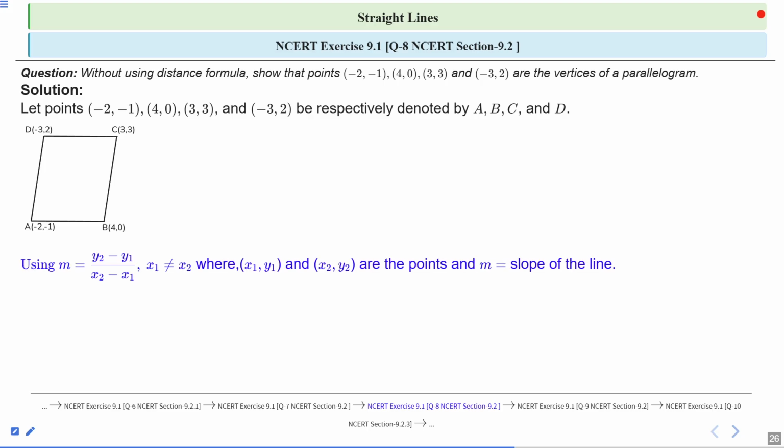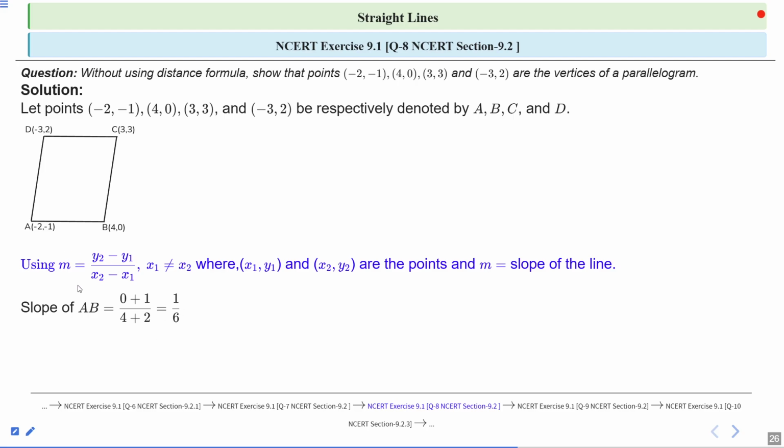So using here m equal to y2 minus y1 divided over x2 minus x1, where x1 does not equal x2, and x1, y1 and x2, y2 are the points and m is the slope of the line. The slope of AB is basically 0 plus 1 divided over 4 plus 2, and this is equal to 1 by 6.